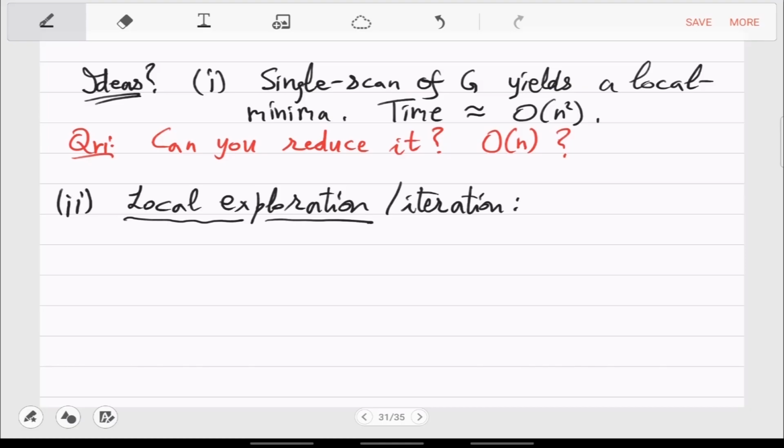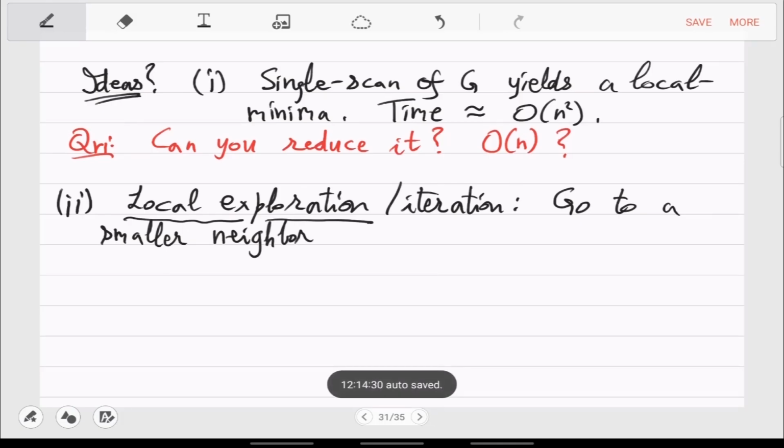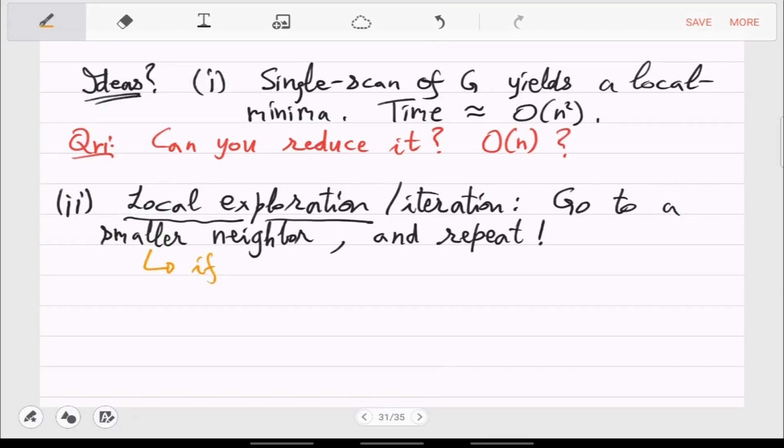So go to a smaller neighbor, and repeat. And obviously, if you can't, then you have found the answer.